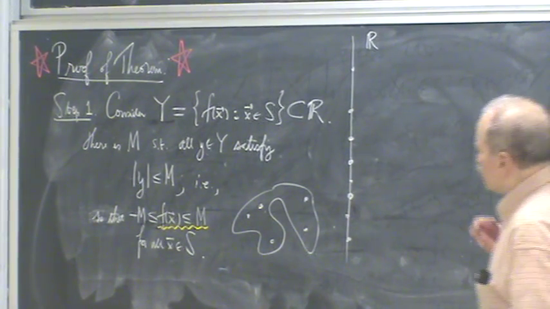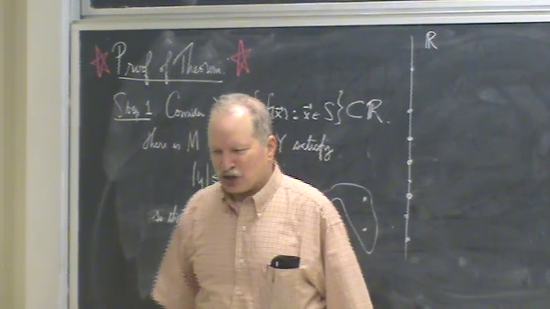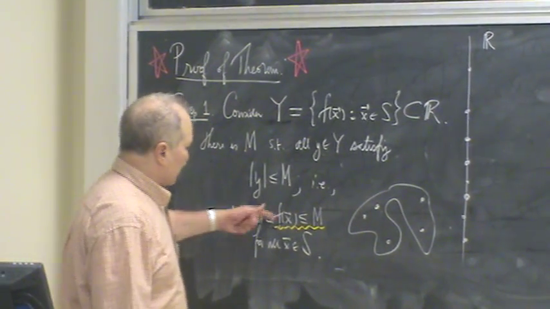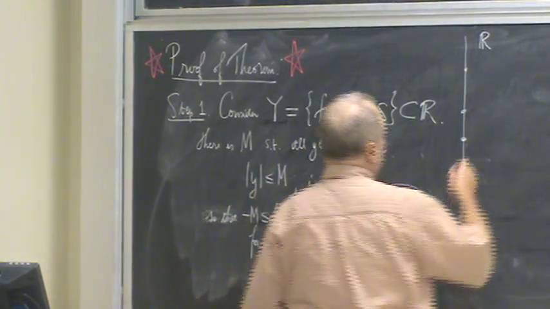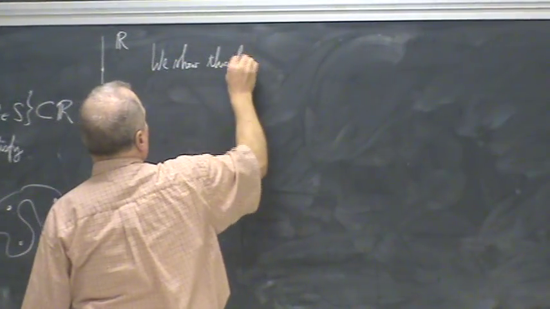And like most proofs where you say there is some M and you're really not sure exactly what it is, most proofs like that are going to proceed by contradiction.